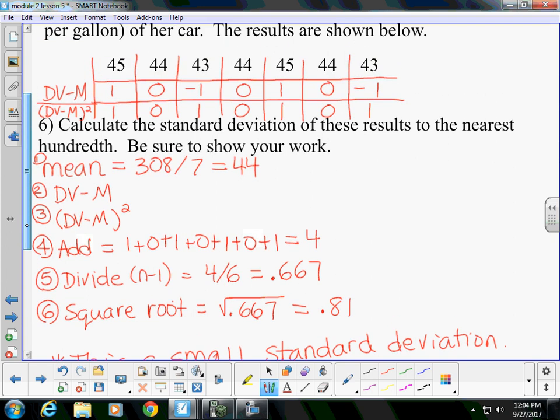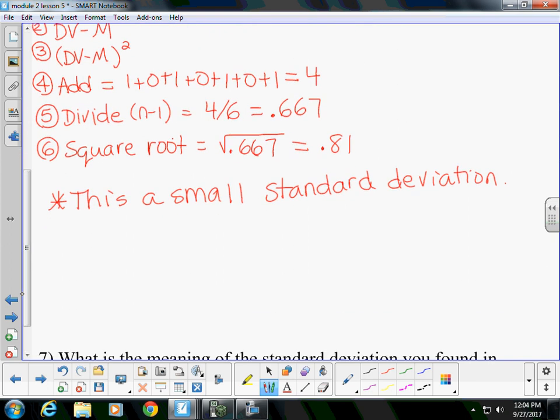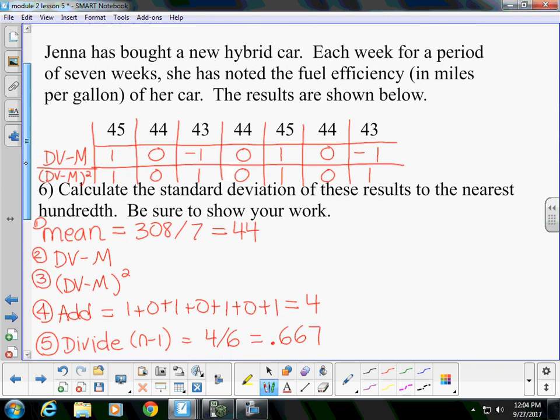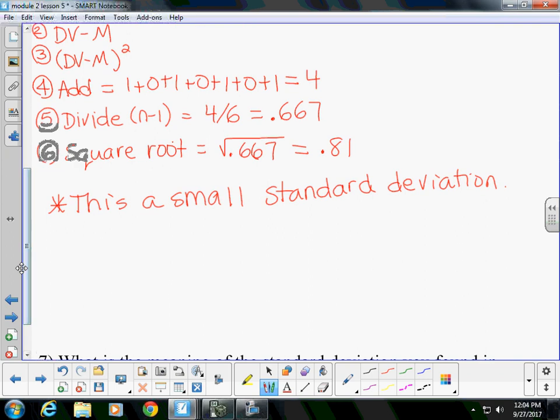What that standard deviation is saying, the mean came out to 44. So in the context of this problem, which was the fuel efficiency in miles per gallon, the car's fuel is very efficient.